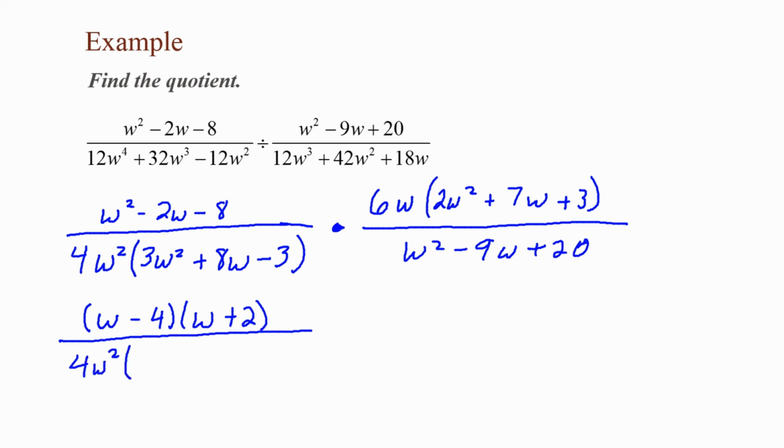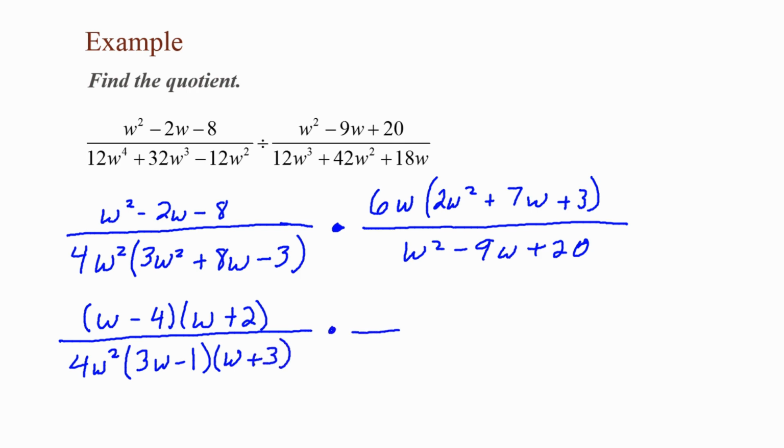For 3w squared plus 8w minus 3, I need two numbers that multiply to be negative 9 but add to be 8. If I use a positive 9 and a negative 1, 9 times negative 1 is negative 9, 9 plus negative 1 is positive 8, and 9 over 3 reduces to 3 over 1. Factors: 3w minus 1 times w plus 3.